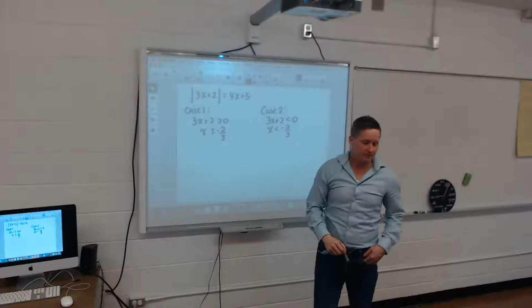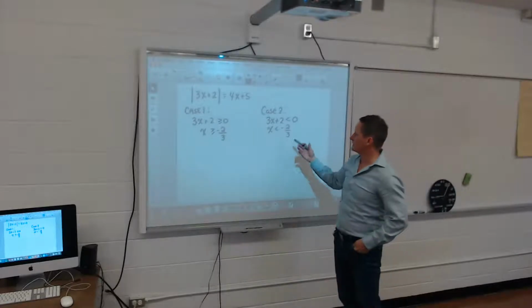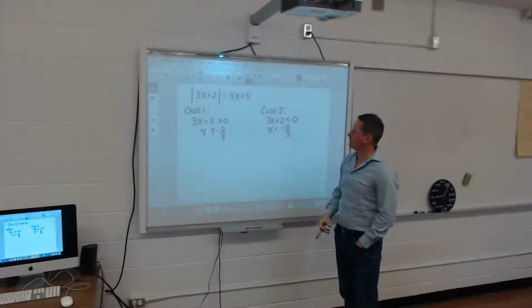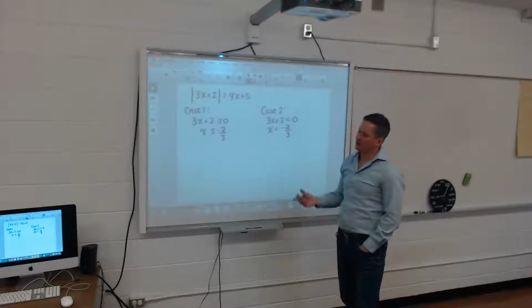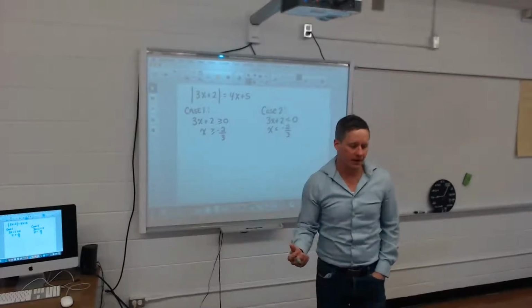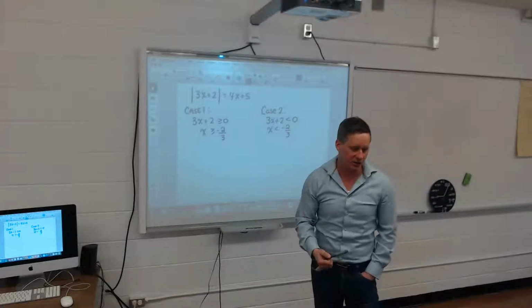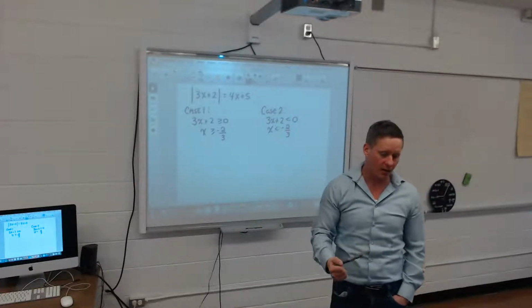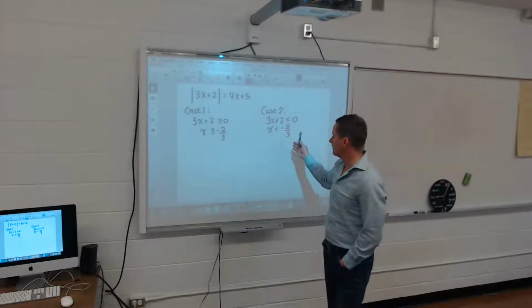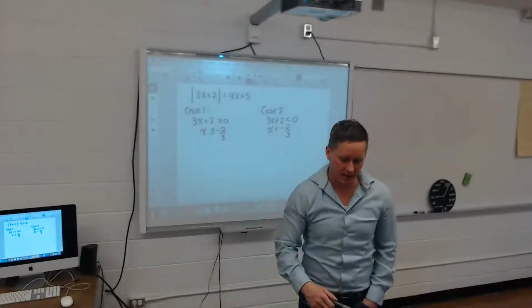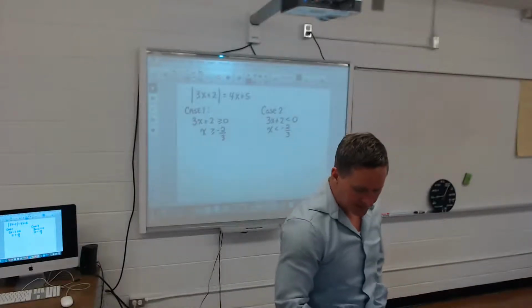Basically it would have to fall into one of those 2 categories. This one takes care of all of them, but all it's stating is that we're going to have a possibility of extraneous roots. One root may not work. It may not fit into what we're looking at on this domain here.